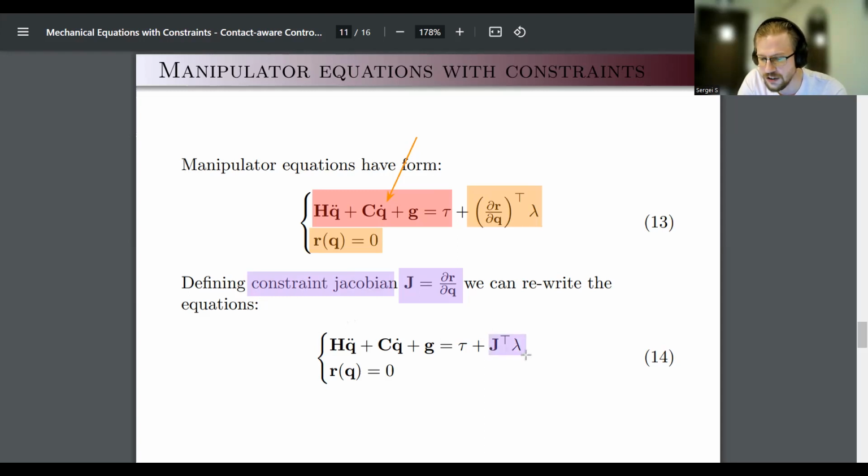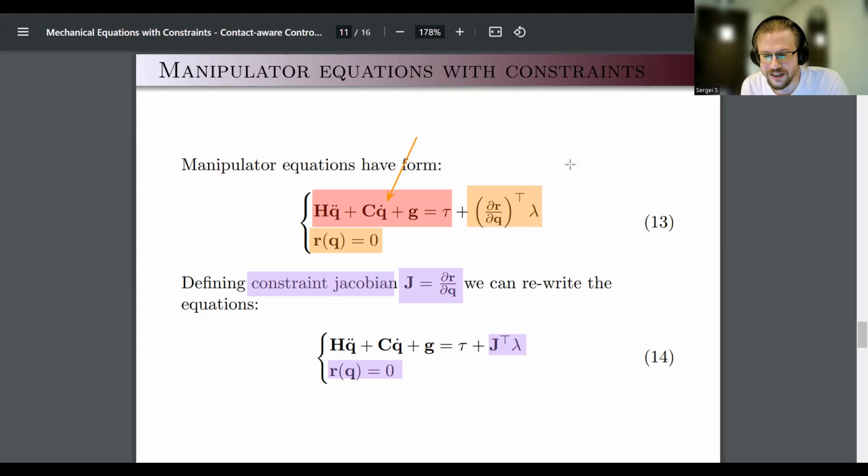We have now this Jacobian transpose times lambda, and the same constraints as a second equation. So good, right? Looks quite natural and so on. So no problems.